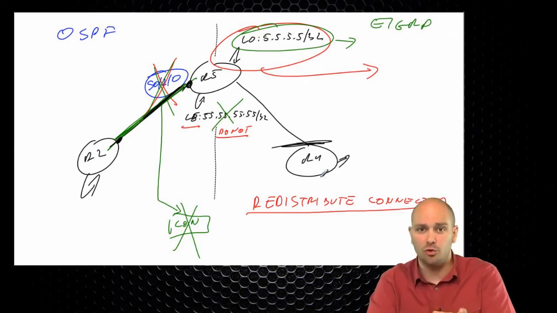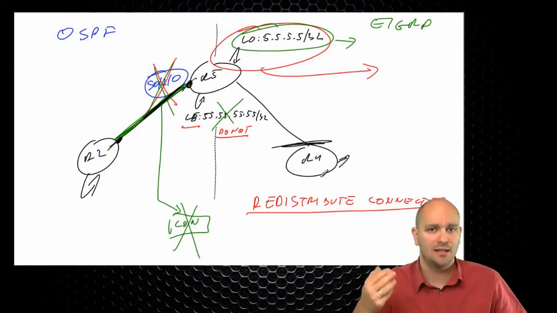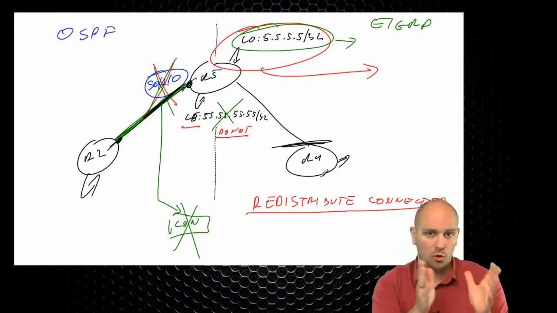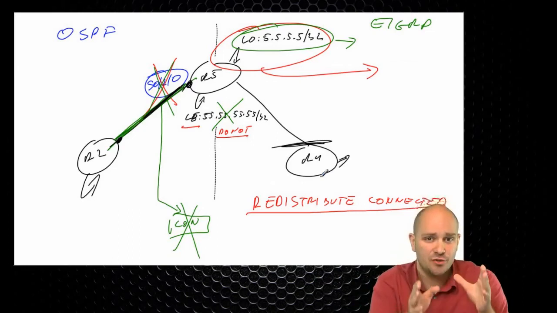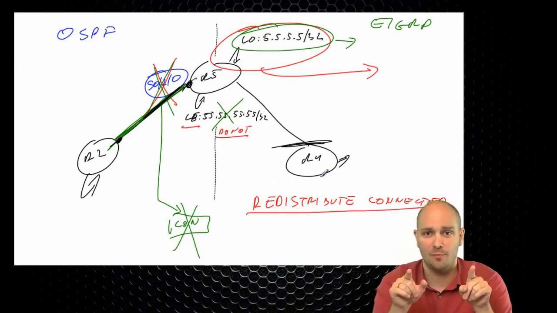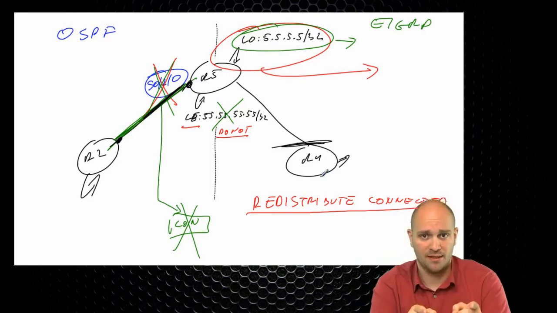But if they told you to do this an hour later, you're not even going to think that you might need to go back and re-verify your full reachability. So be on the lookout for this. Every time you are asked to redistribute connected routes into any routing protocol, this behavior may kick in, and they may be setting you up to actually have a problem with reachability in your network.